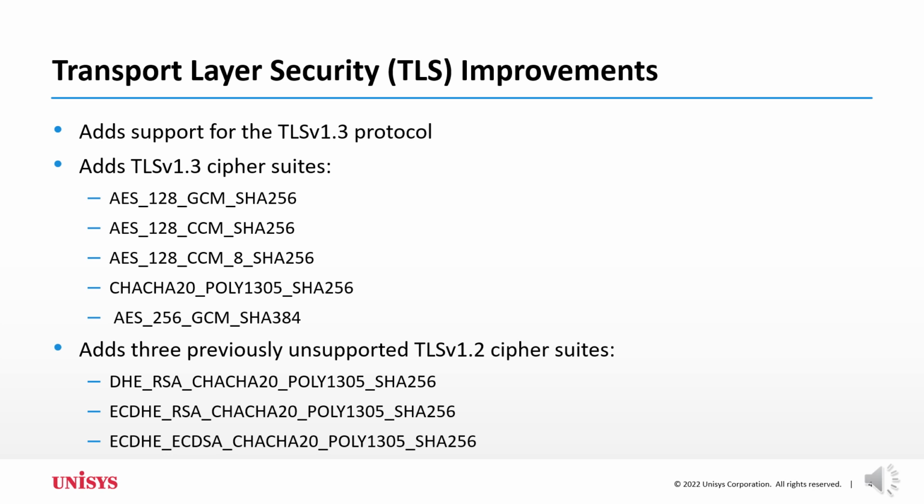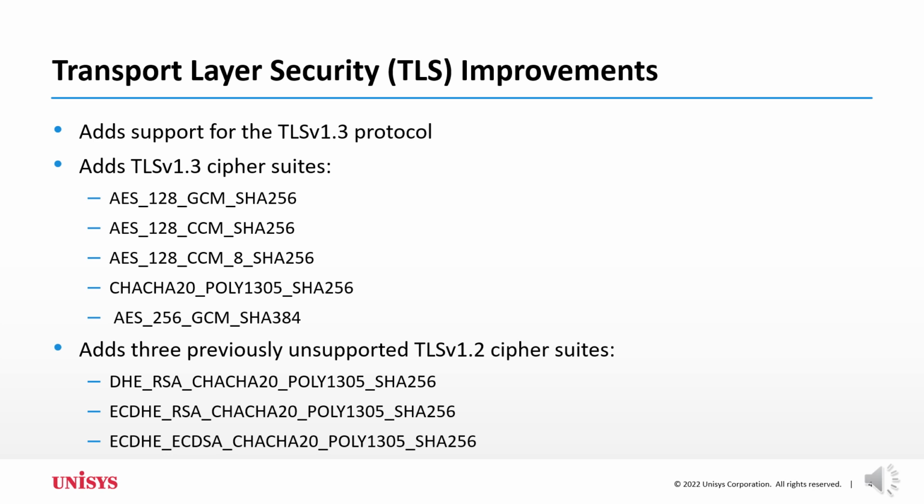This feature allows CPCommOS to use the TLS version 1.3 protocol, the latest and most secure transport layer security protocol. By default, CPCommOS now attempts to use the TLS version 1.3 protocol and a TLS version 1.3 cipher suite when performing an SSL TLS handshake. If TLS version 1.3 is not supported by the peer system, CPCommOS attempts to use TLS version 1.2.